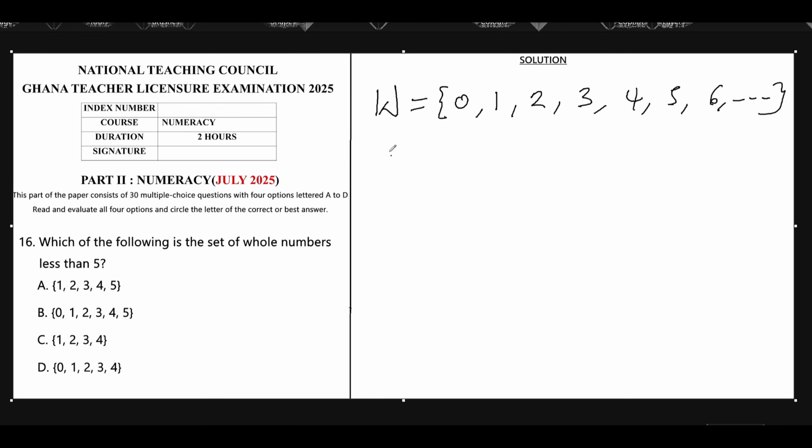But then we are looking at whole numbers less than 5. So that would be 0, 1, 2, 3, and 4. So with this, we select option D.